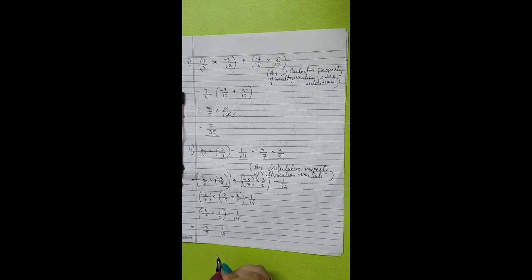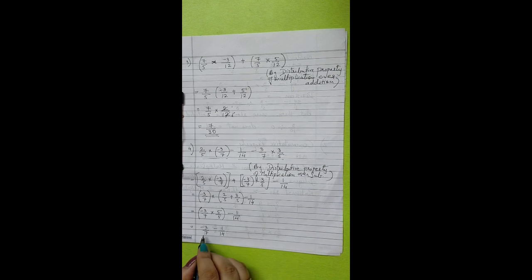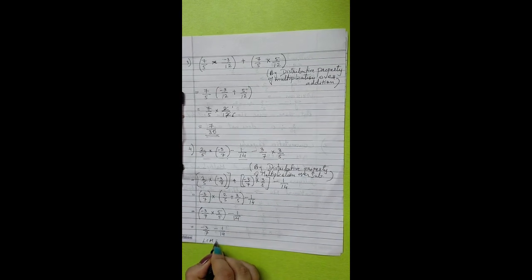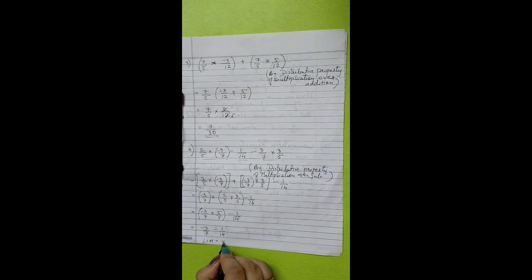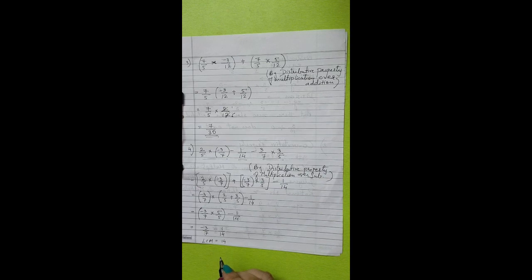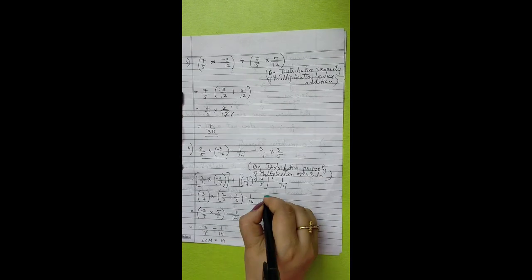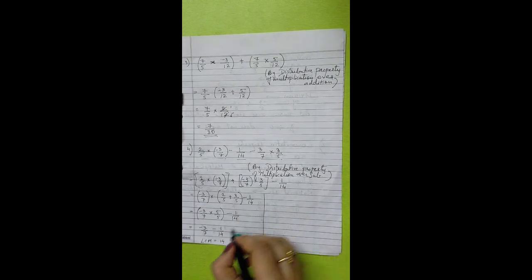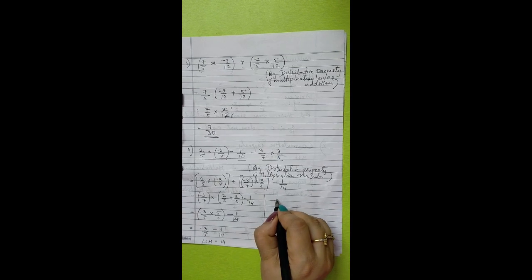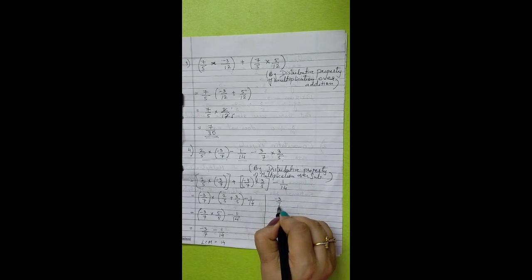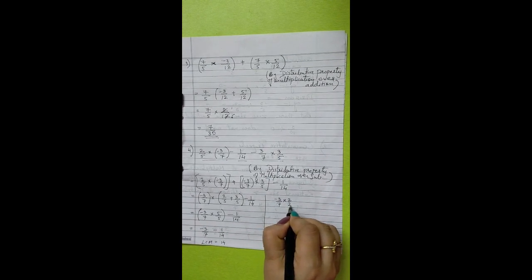Now what we have to do is take an LCM. So what will be the LCM of 7 and 14? LCM will be 14 because the denominators are different. So we need to take an LCM. So what we will be doing here is minus 3 upon 7 multiplied by 2 by 2.